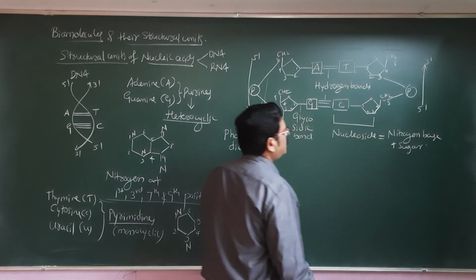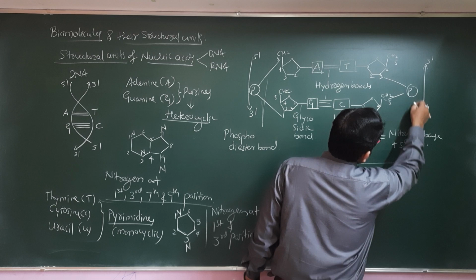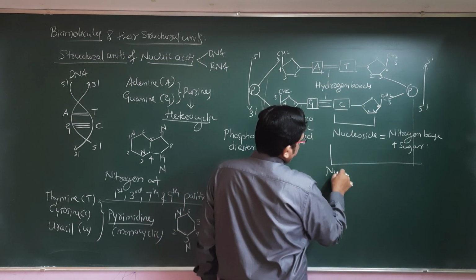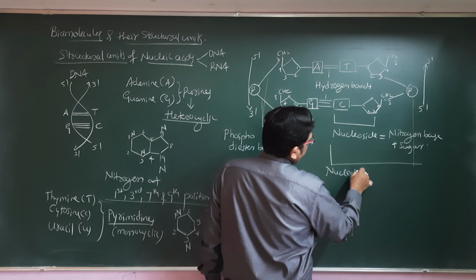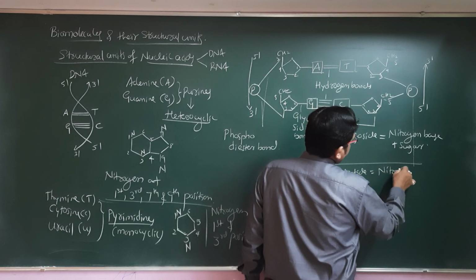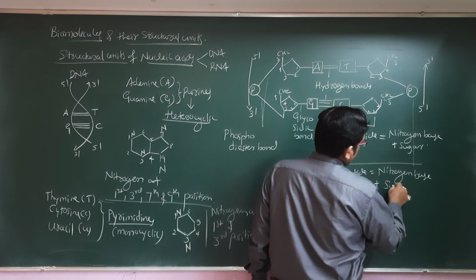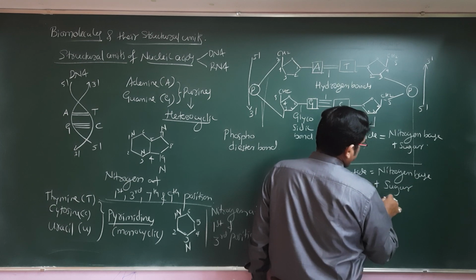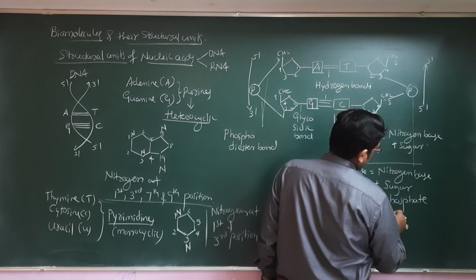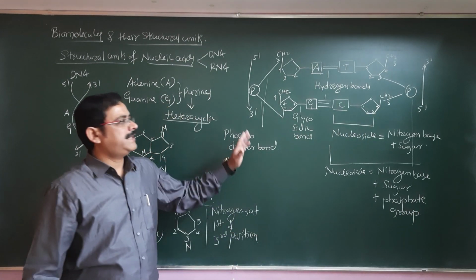There is one more important thing, called a nucleotide. A nucleotide is a nitrogen base plus sugar plus phosphate group.